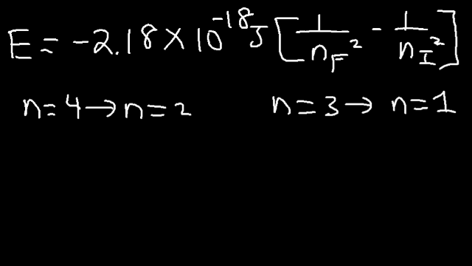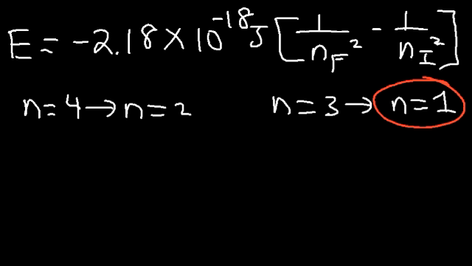Typically, if you look at the final state, the smaller the final state is, the greater the energy change. Even though the difference seems to be 2 for both of them, whenever you fall to the ground energy level or the ground state, it releases more energy than any other states. So going from the third level to the first level is going to release more energy than from the fourth to the second.